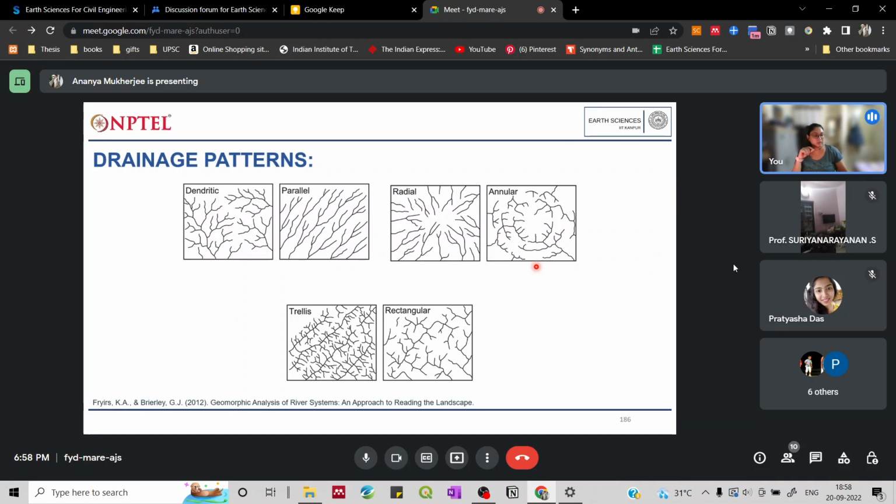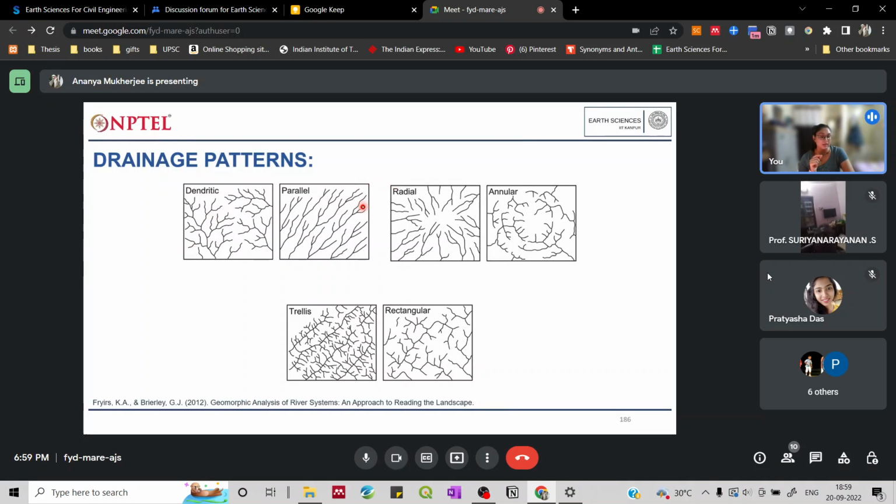Now we'll see about different drainage patterns. These drainage patterns are influenced by the geology over there, the lithology, and the structures that are found. For example, the dendritic pattern is common in flat lying areas and massive homogeneous rocks, as in the rock type that is present is uniform.